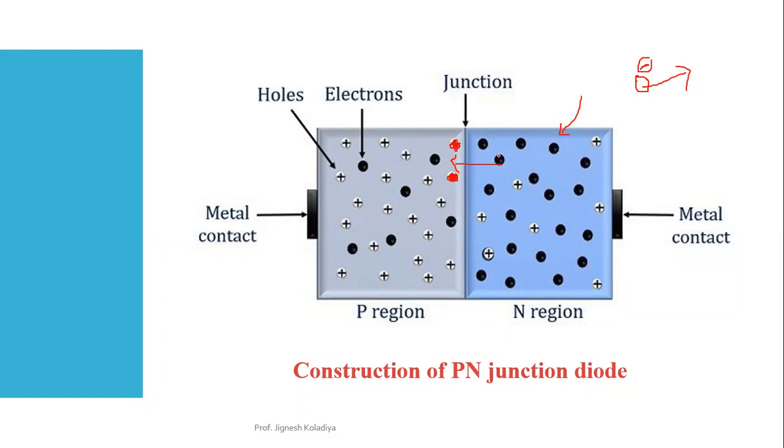If this electron is coming from n to p region, definitely after some time here it will develop a negative potential, because those electrons transferred from n to p carry the negative charge with them. One more thing, if one electron is coming from n to p region, then this electron is not there in n region because it is already transferred to p.